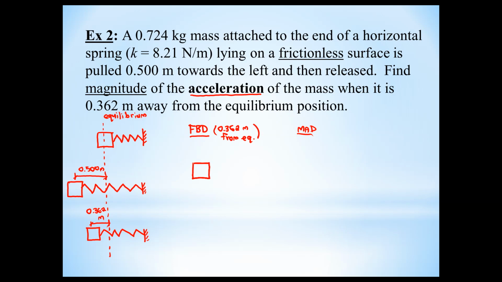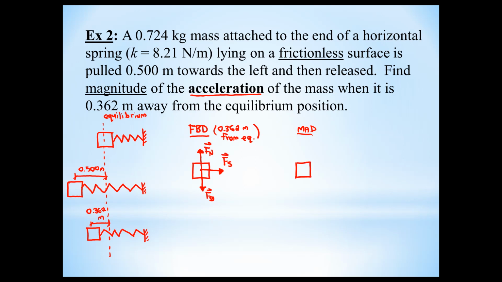We'll draw a full free body diagram here, although we don't really need to because we're only looking at the horizontal forces. So we're on a horizontal surface, therefore we'd have the object's weight that's straight down, that's Fg. And then we'd have the normal force from the surface pushing back on the mass, so it'd be straight up. And then if we're towards the left of equilibrium, again, the restoring force always points towards the equilibrium, so you'd have Fs points towards the right.